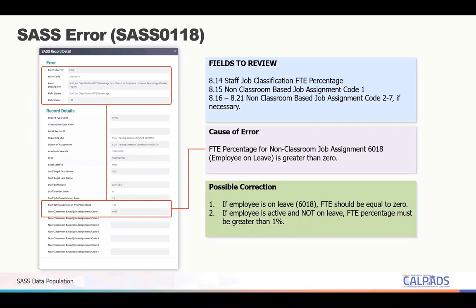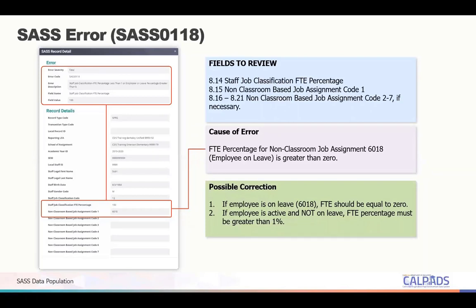A teacher on leave should have an FTE percentage of 0. However, this record submitted had an FTE greater than 0 and as such triggered an SASS 0118. Okay? A way to correct this is to just go back to your SIS, populate a 0 for the staff job classification FTE percentage, and then resubmit the file.